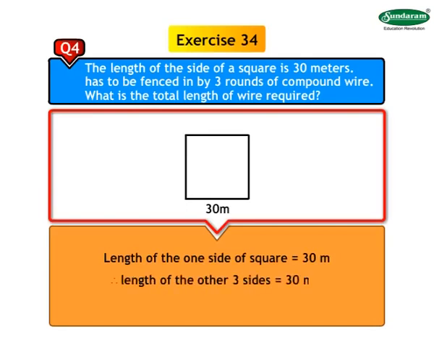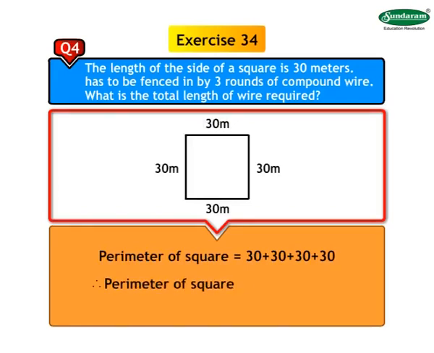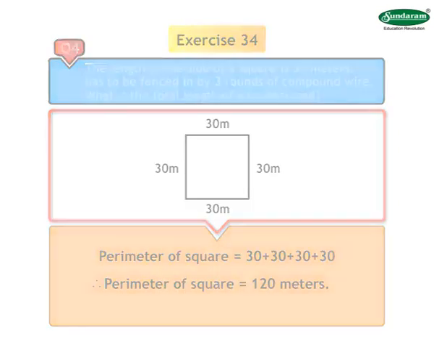Therefore, length of the other 3 remaining sides of the square also will be equal to 30 meters. To put a fence around the square compound, we will have to find the perimeter of the square. Thus, perimeter of square is equal to 30 plus 30 plus 30 plus 30. Therefore, perimeter of square is equal to 120 meters.